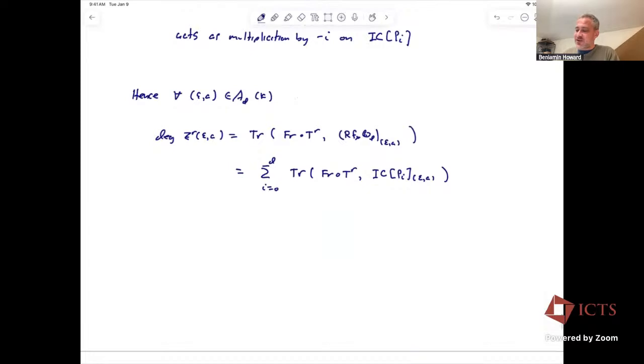And I've just told you how the operator T acts on each one of those things. So you get the sum from i equals 0 to D of minus i to the R, that's from this statement up here, times the trace of Frobenius on the stalk of this sheaf.